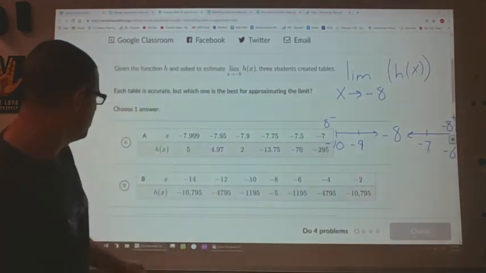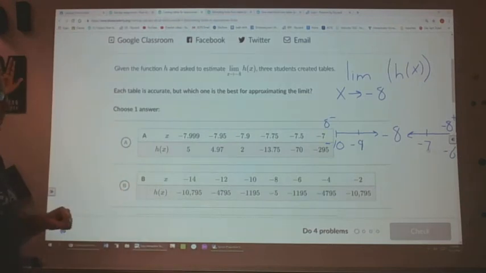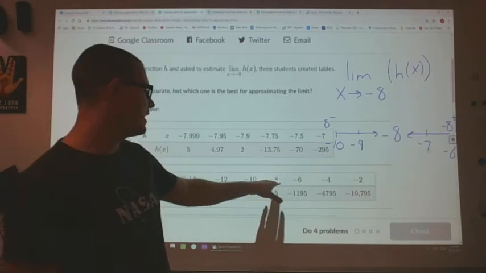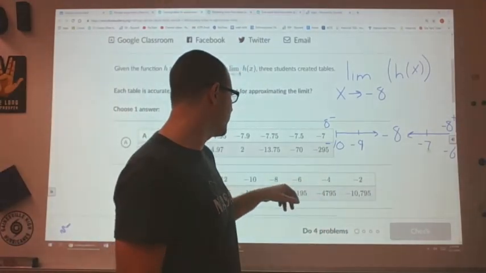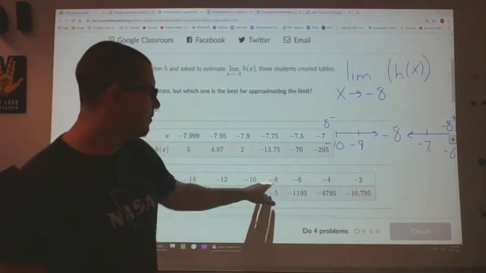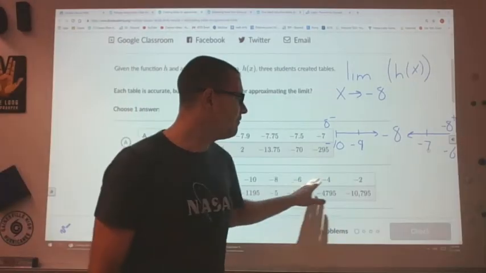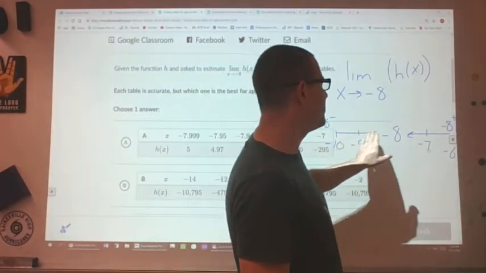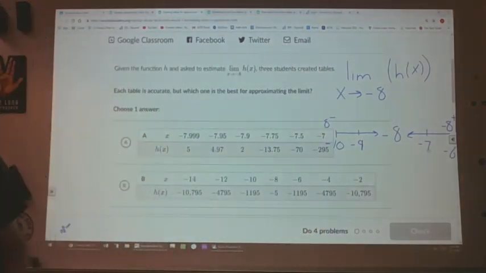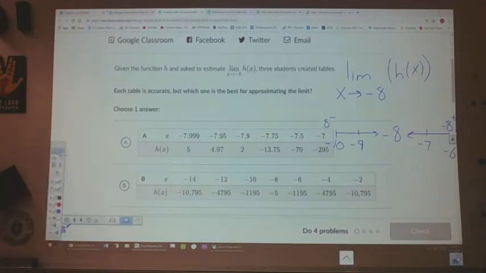The range of option B is far too large: -14, -12, -10, -2, -4, -6. Even though we are approaching from the left and the right, my values are too big to really give me an idea of what's happening at -8. So both A and B don't really work for the limit.